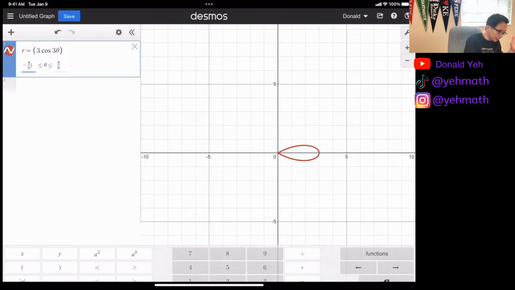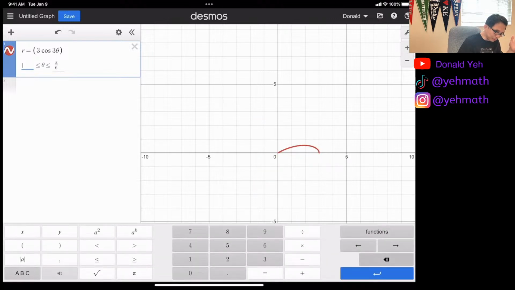You can also do it a different way. Imagine if you do it from 0 to pi over 6, you can do half a paddle times 2. You can do that too. Or some people say pi over 6 to pi over 2.